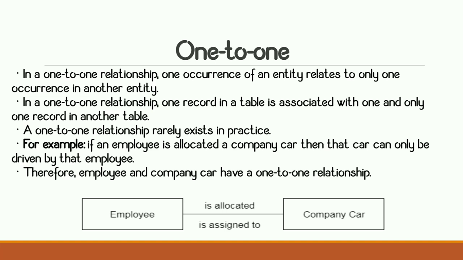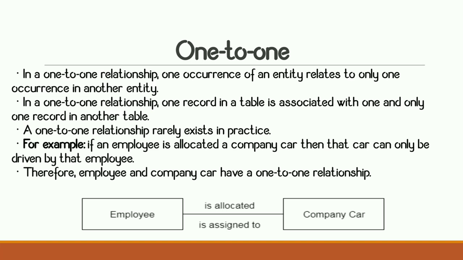In a one to one relationship, one record in a table is associated with one and only one record in another table. You know that a table consists of many records and many columns, so only one record can be connected with one record of another table. Because of that, it is called a one to one relationship, and this relationship is very rarely used.